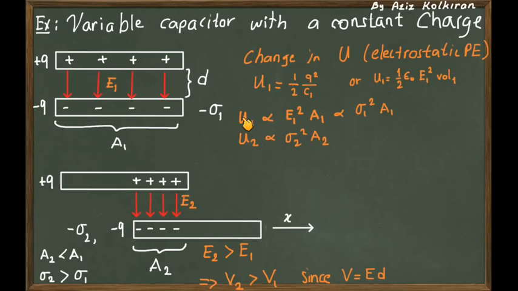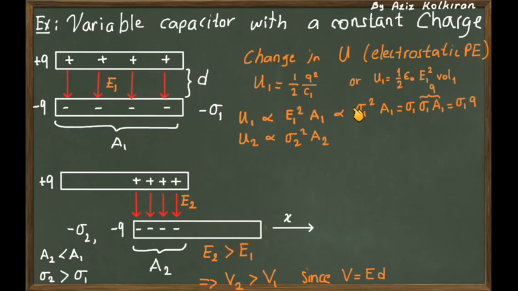And so we have two terms in the expression of electrostatic potential energy, the charge density and A, the area. We can express, for example for the first case, sigma 1 times sigma 1 A1, but we know that sigma 1 times A1 is nothing but the total charge on one of the plates.